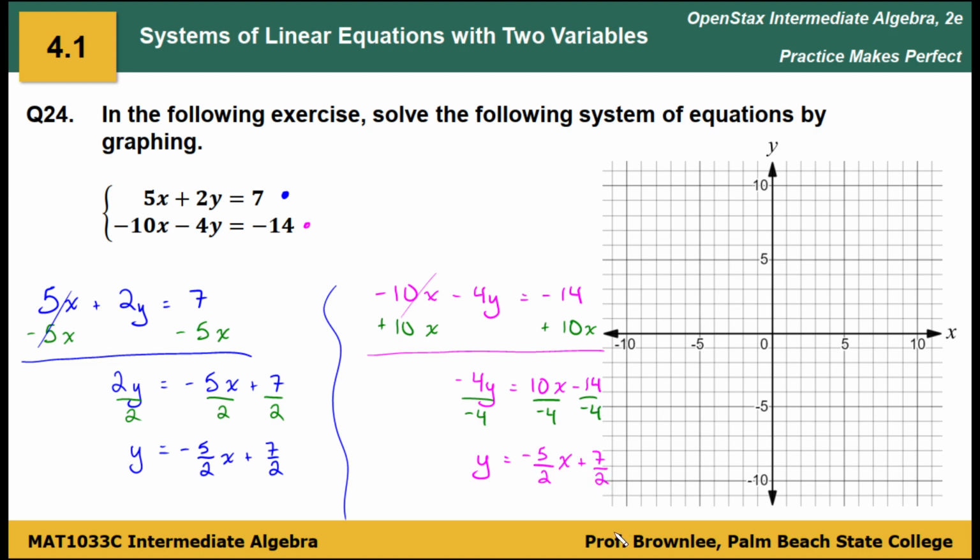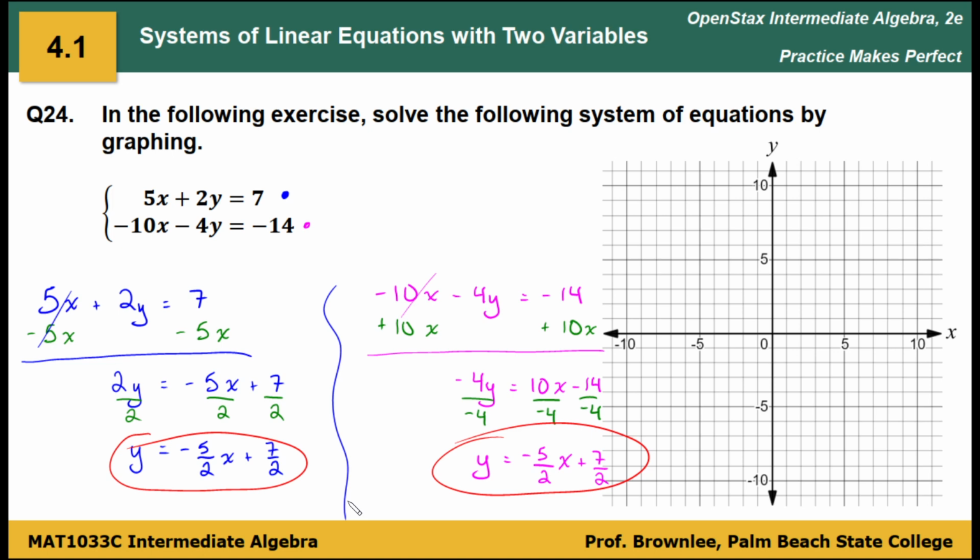So what do we notice about these two equations? If we look here, we have y equals negative 5 over 2 x plus 7 halves. And if we look here, we have the exact same equation. We have y equals negative 5 over 2 x plus 7 halves.